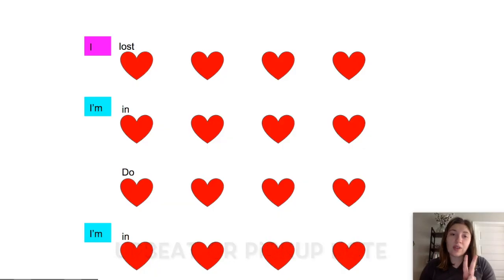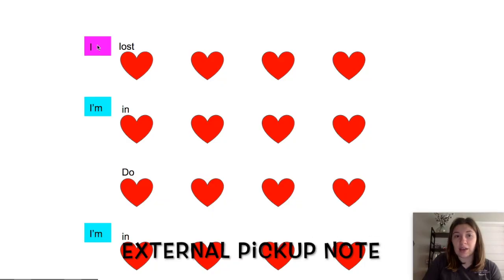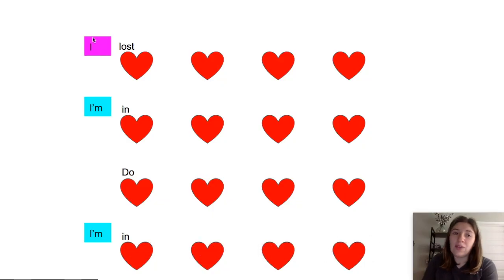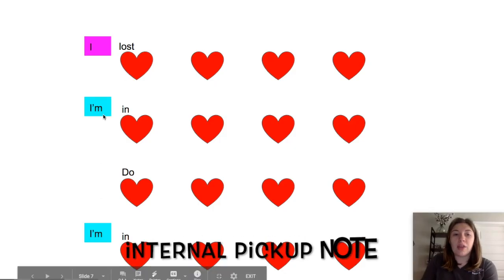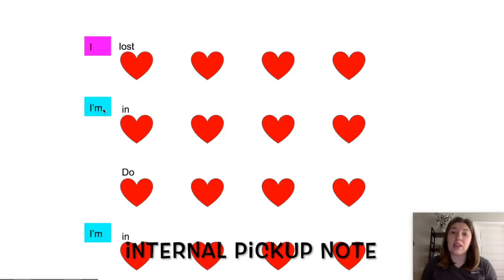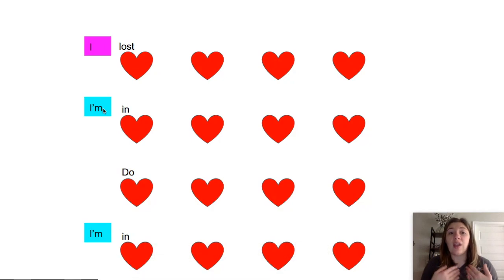There are two types of pickup notes. There is the external pickup note, that is only if it's at the beginning of the song, and then internal pickup note. That can happen within the song. Some songs have both, like this one. Some songs have only one type of pickup note, and other songs don't have any pickup notes.